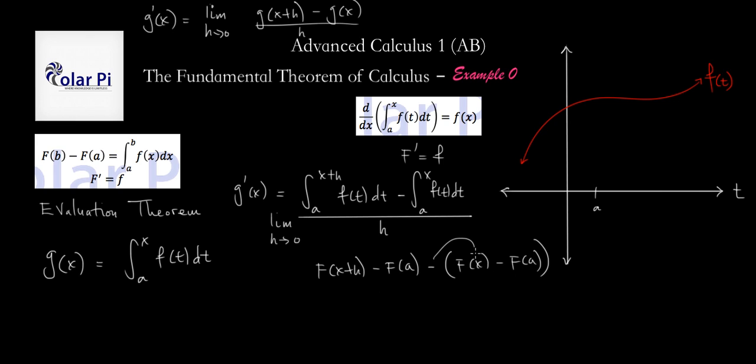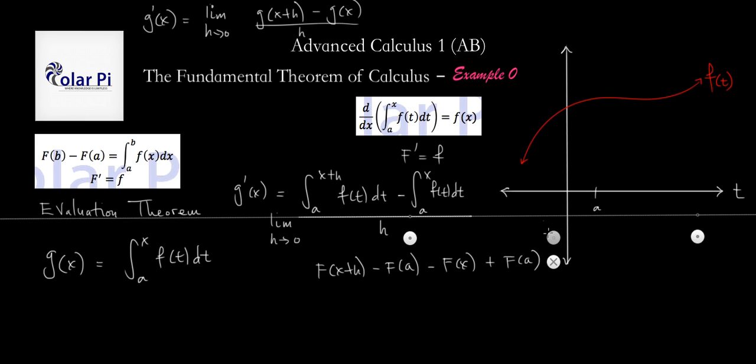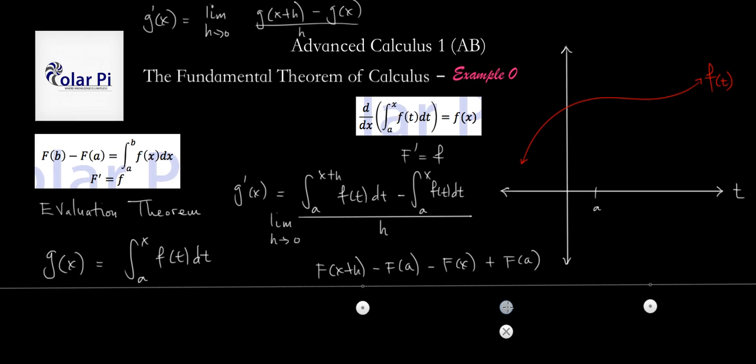And when we distribute this minus sign, that guy's going to become negative and that guy's going to become positive. So we could just write it with that. So from what I just said, that's minus F of x and then plus F of a. Okay, and all of that is a replacement for this numerator, right? Okay, cool. And so we still have divided by h, and we still have limit as h goes to 0.